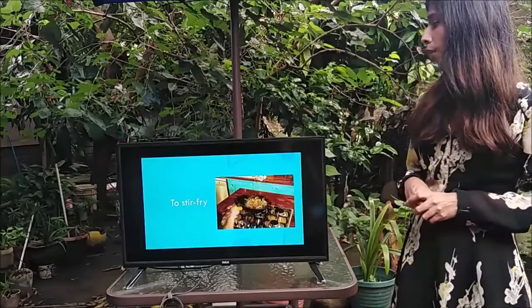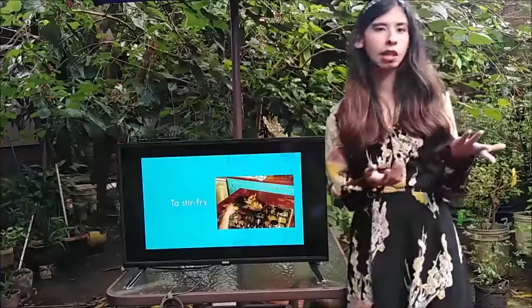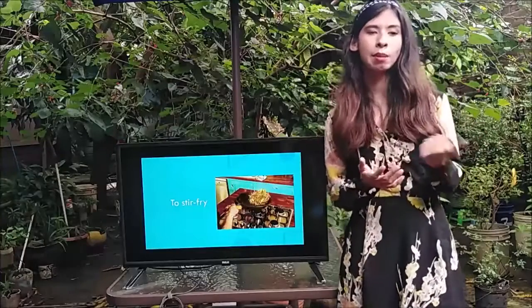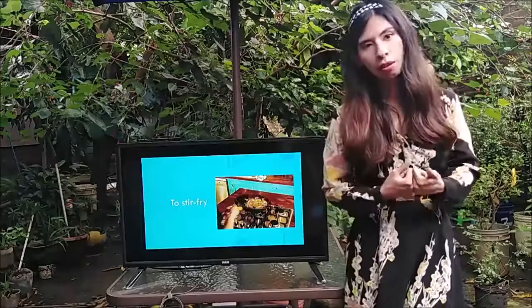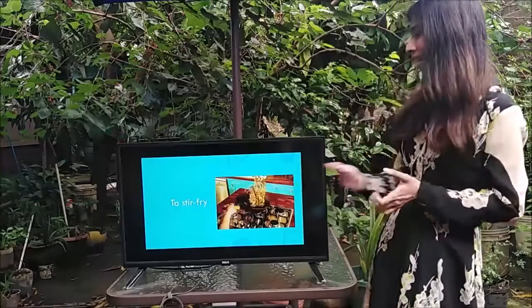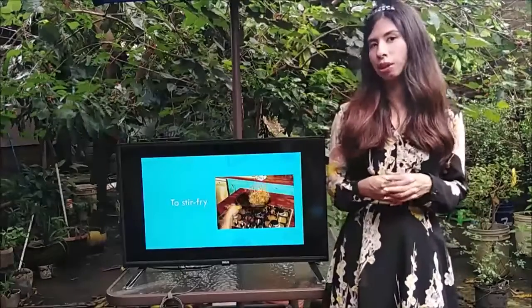Then we have to stir fry. To stir fry is very common when you are preparing Asian food. It's similar to saute, right?